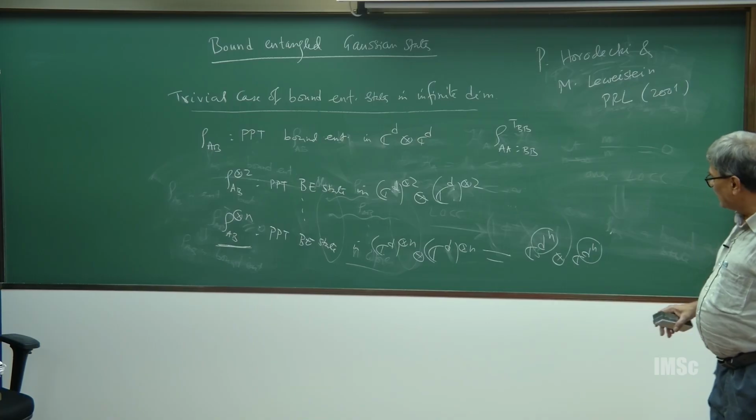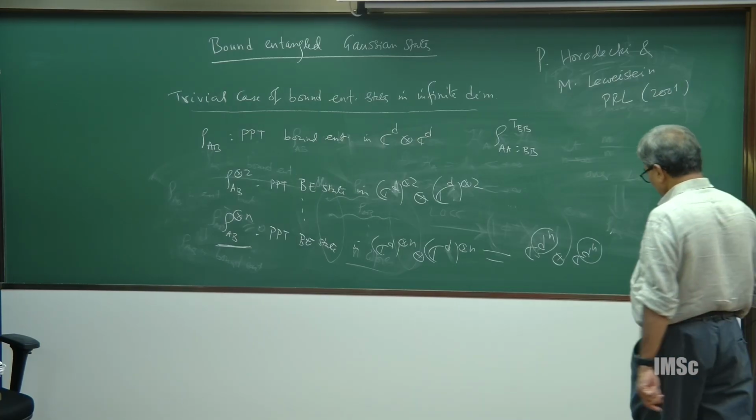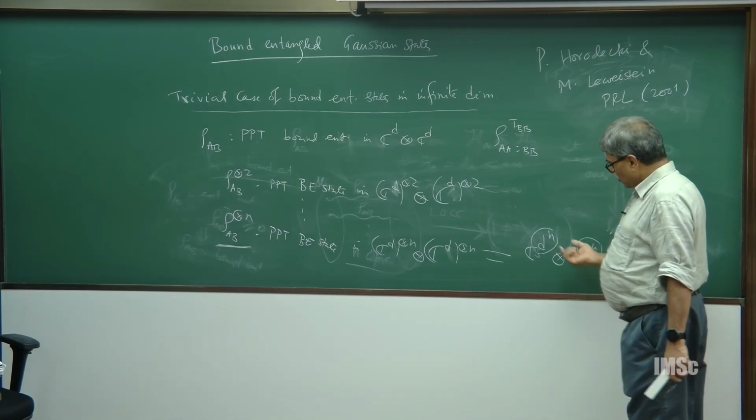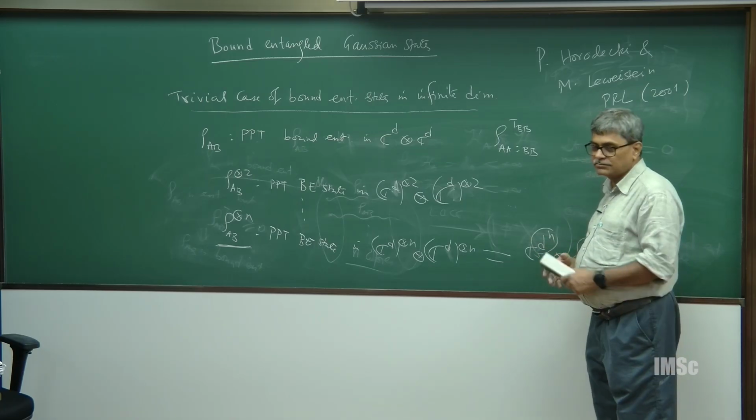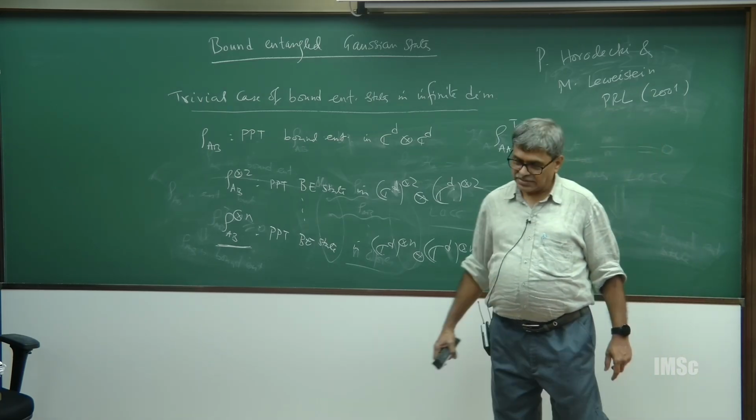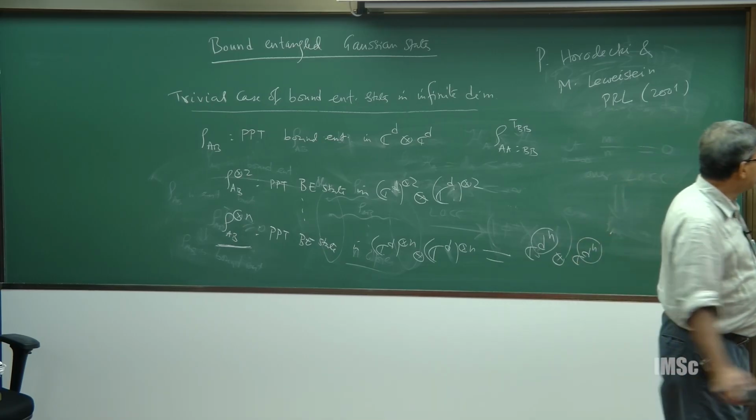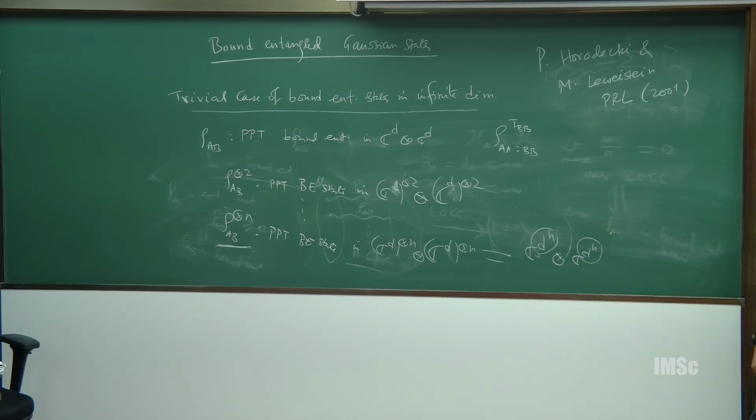You will have to basically coarse grain this thing, get away from this discreteness of the step. But nevertheless, this is the idea that you can trivially start with some PPT bound state and then just take n to infinity by some proper mathematics and end up with something. Exactly, exactly.